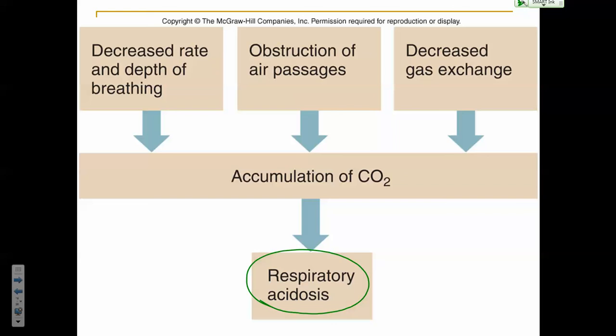That's a respiratory issue, where they're not breathing out enough CO2, and that accumulates CO2 in their blood, an excess of CO2. Remember how CO2 combines with water to form carbonic acid that splits up into hydrogen and bicarbonate. You see how that's going to raise your hydrogen levels? Okay, that's respiratory acidosis.